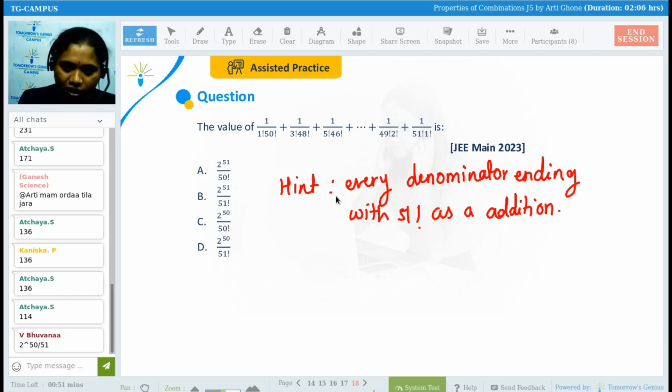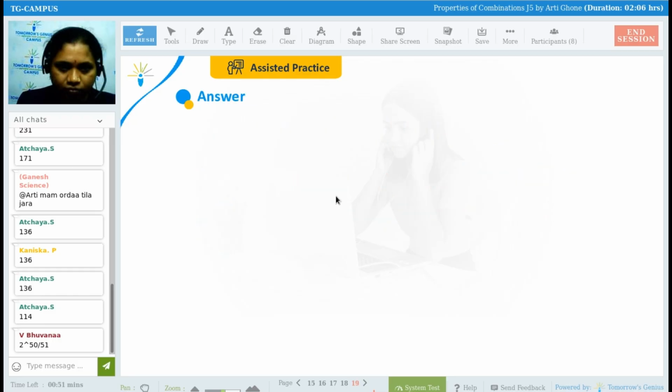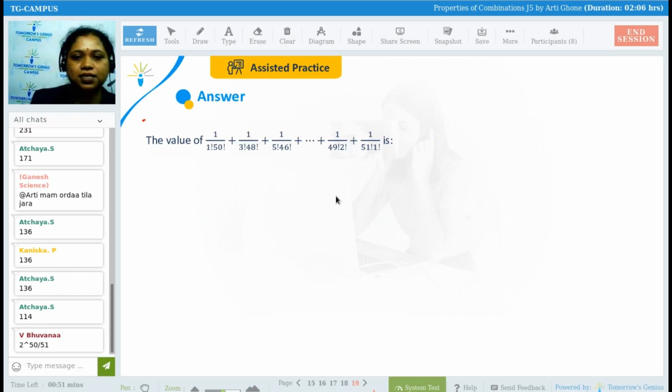Now just look over here. Simple it is. The value of this is asked. So I am just making an adjustment of this, is equal to 51 factorial.